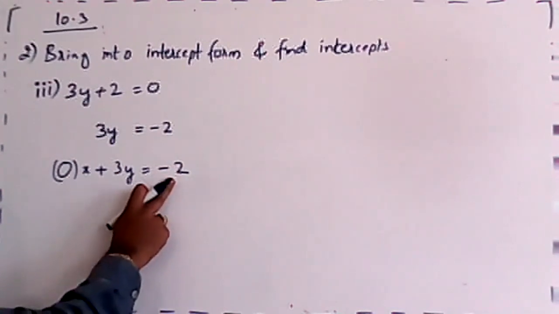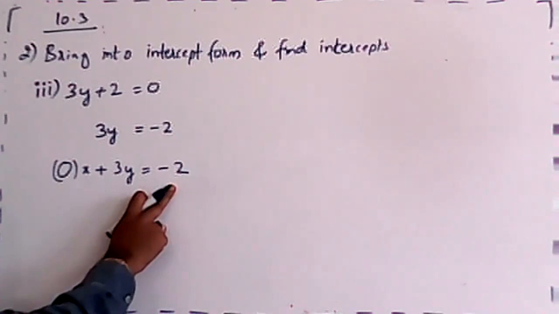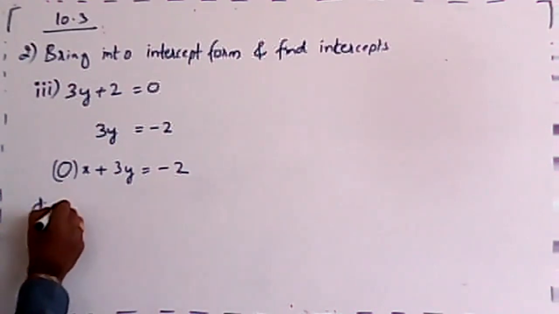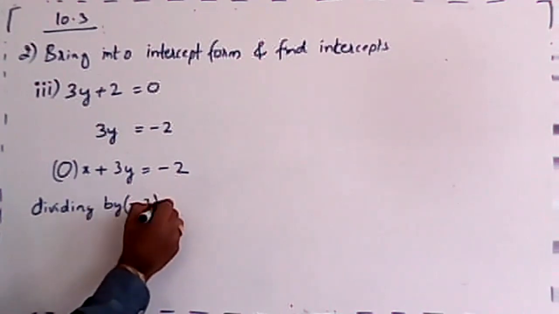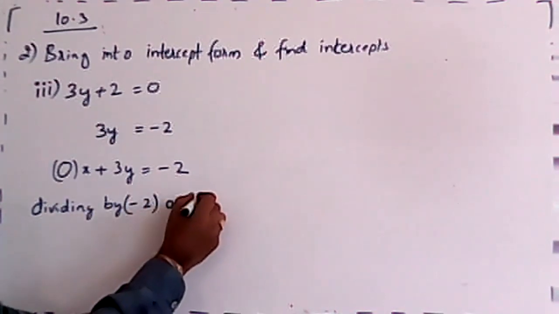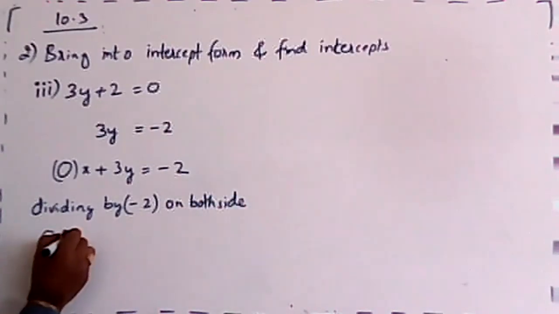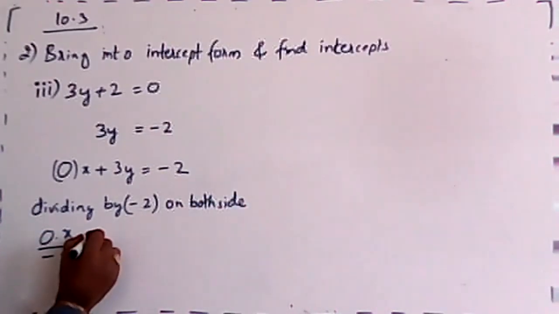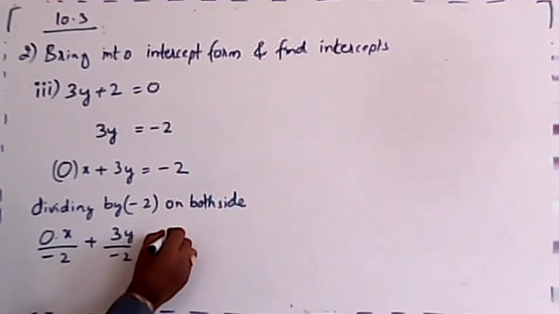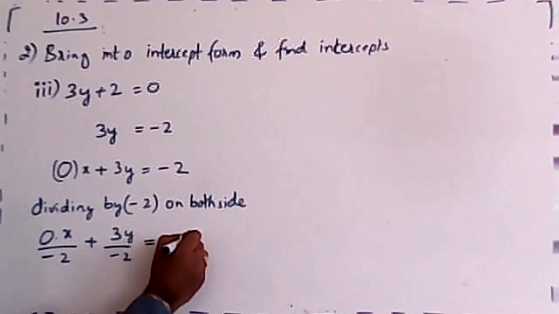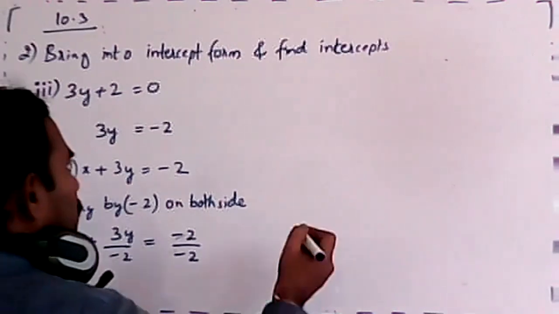I don't want -2, I want +1 here. If I divide by -2, it becomes +1 only. So dividing by -2 on both sides, what do you have now? 0 into x by -2 plus 3y by -2 is equal to -2 divided by -2. 0 by anything is 0 only, no question at all.